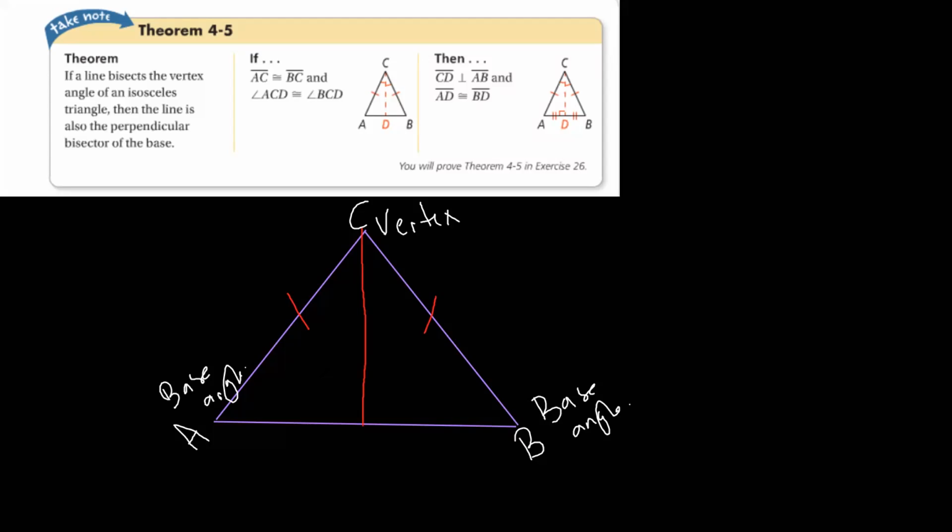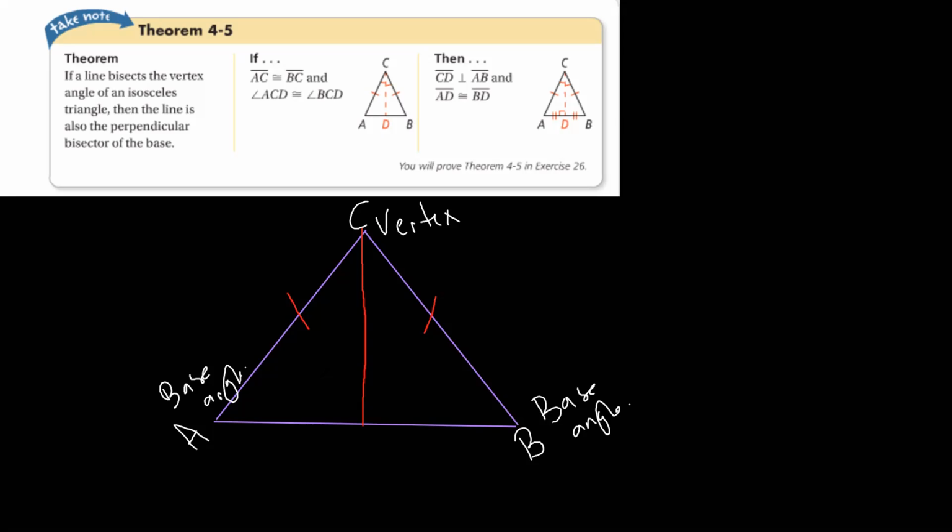If this line bisects the vertex angle, what do I mean by bisects the angle?